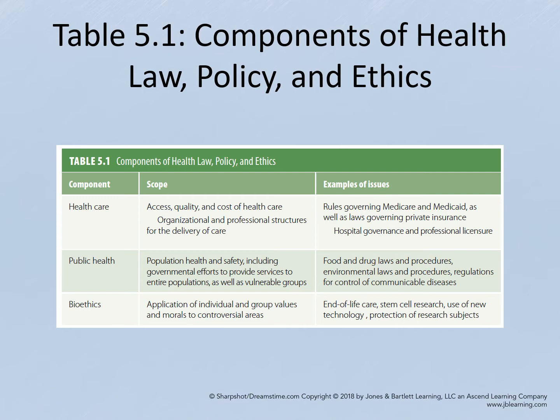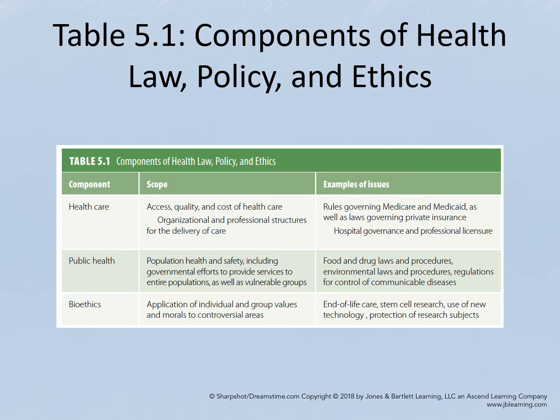In the healthcare component, we are looking at access, quality, and cost of healthcare. We are looking at how is the organizational structure, what is the professional structure of the healthcare delivery system, how is the public healthcare system, how is the private healthcare organizations working, how are non-governmental organizations working. And so there are some rules and regulations regarding healthcare.